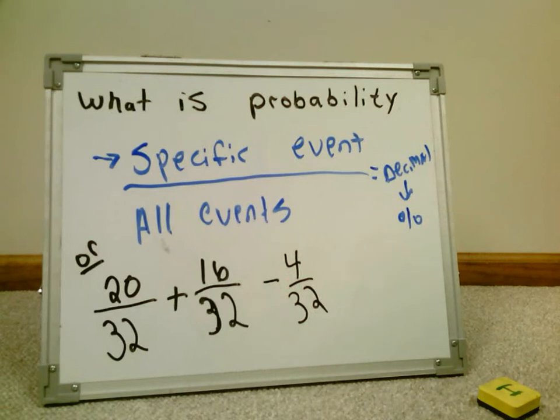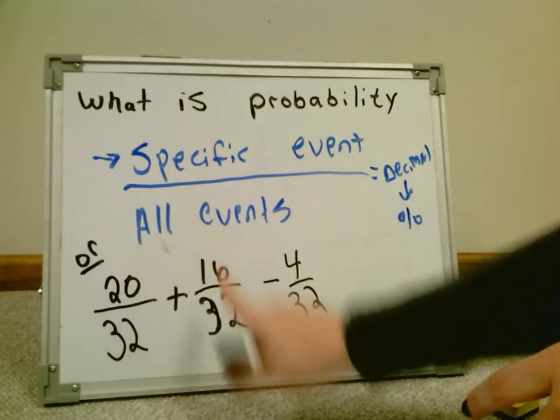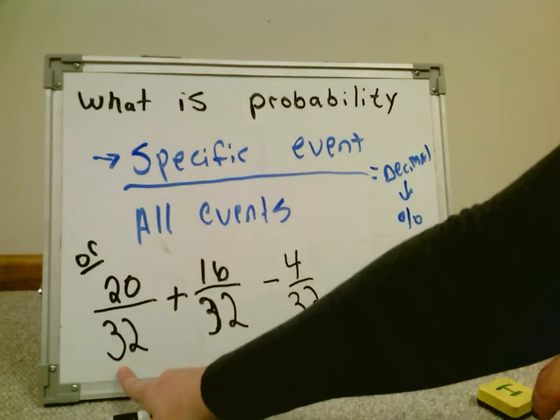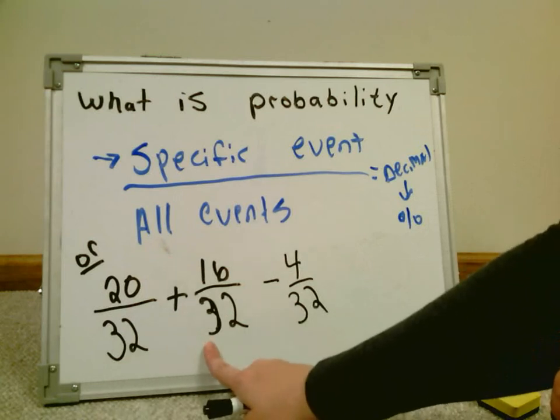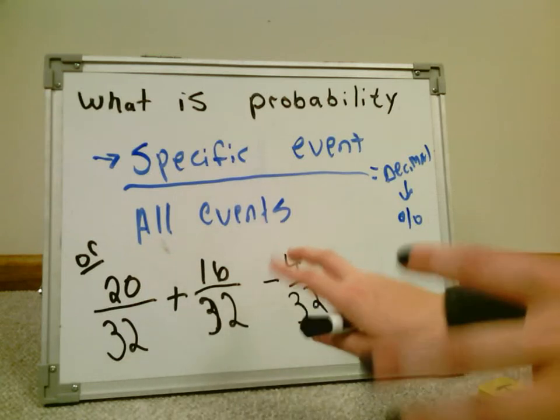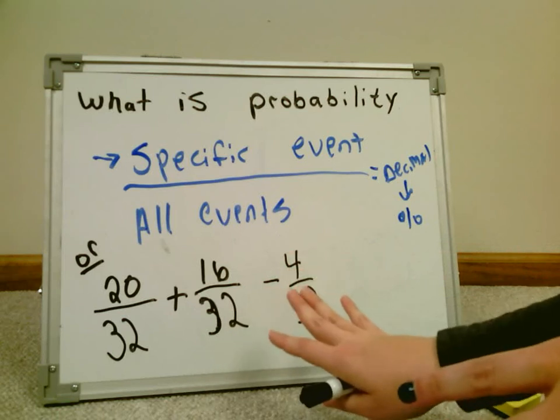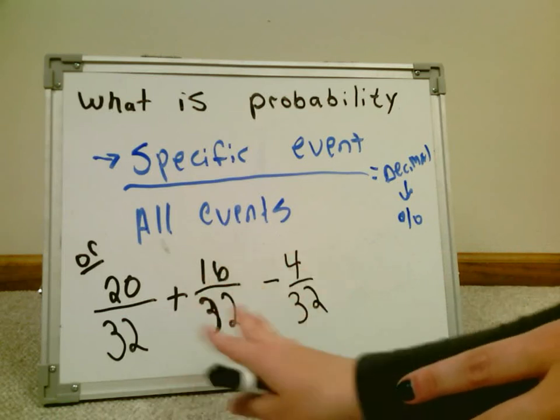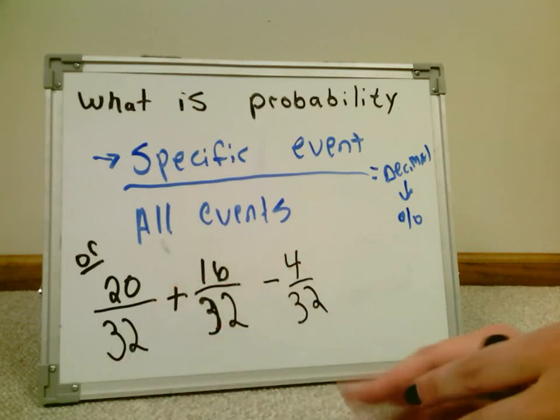Now, I want you to understand that we're not completely removing those 4 kids, okay? We're just removing the fact that they were counted twice. Those 4 kids are over here, and those 4 kids are there. So by removing just once, one group of 4, they're still counted, it's just they're not counted in both, okay?